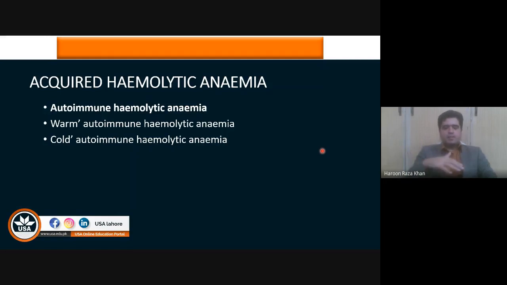The red blood cells of the patient are reacted with antiserum or monoclonal antibodies prepared against various immunoglobulins or certain types of complements like C3d, which are present in these anemias.